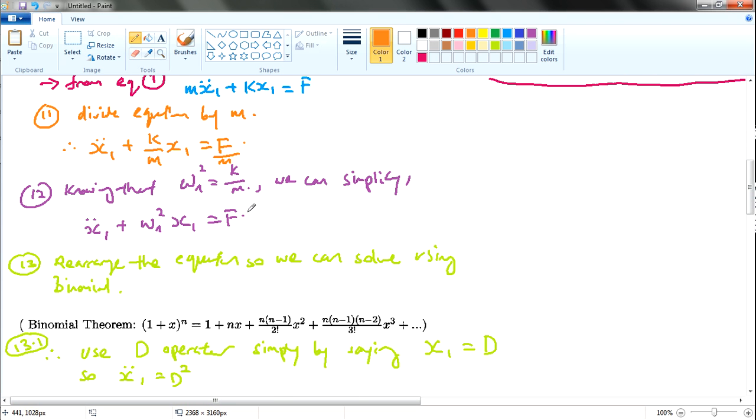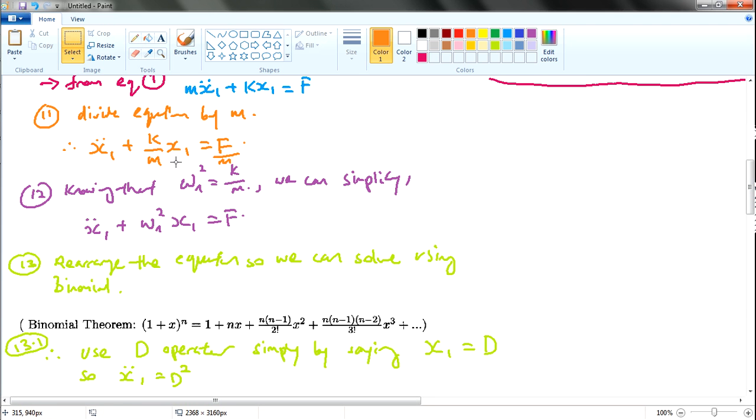And then we know that omega, the natural frequency squared, is equal to k over m. If you remember this equation for the natural frequency, we just rewrite into this form, and then we can simplify this equation into this portion.